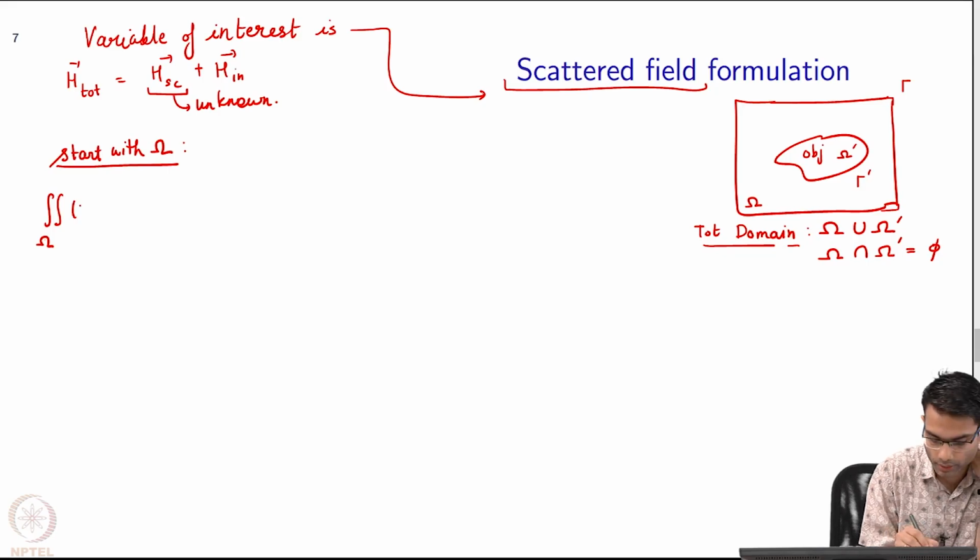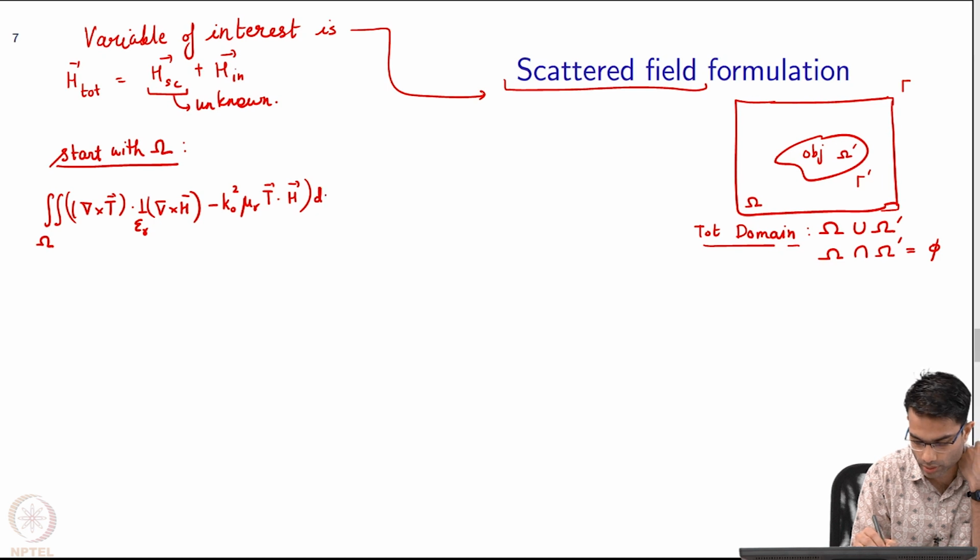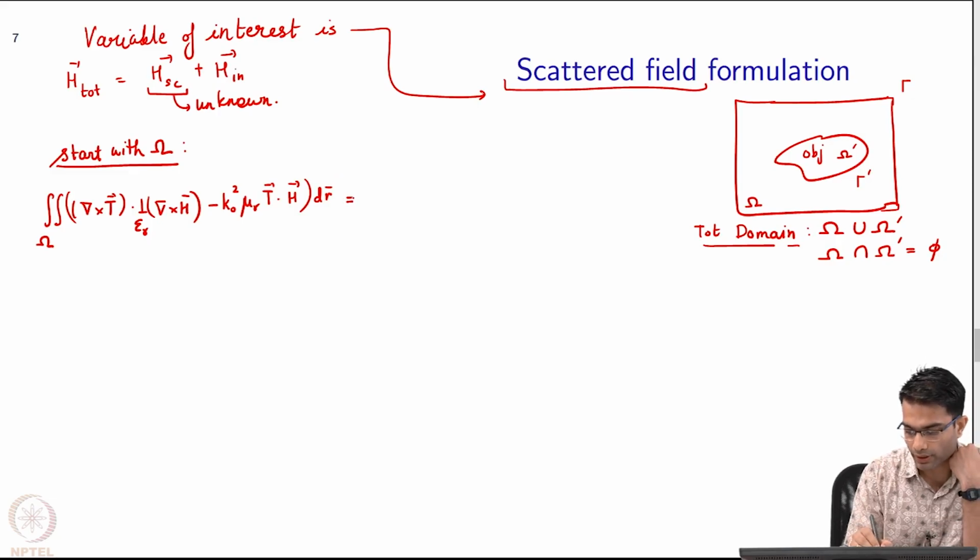The first term is curl of T dot 1 by epsilon r curl of H. Then I had k naught squared mu r T dot H, dr. This was the left hand side, and now I should write this as a subtraction of two different things.